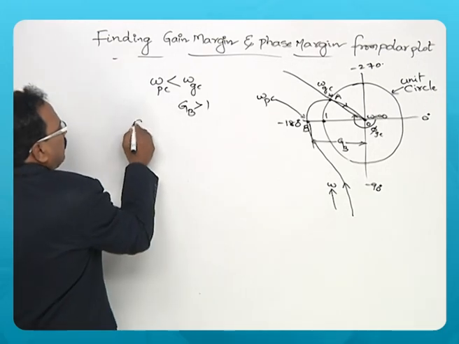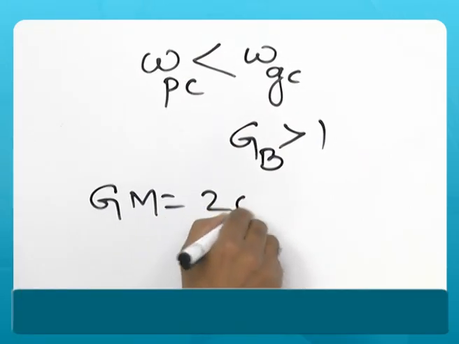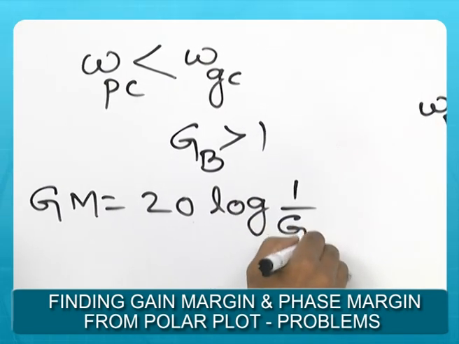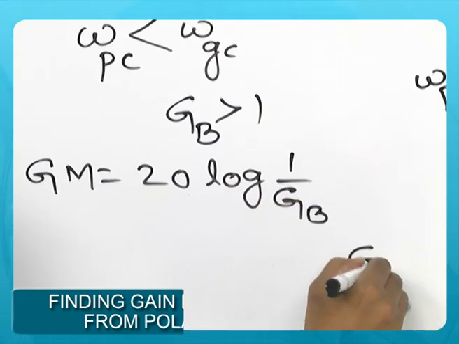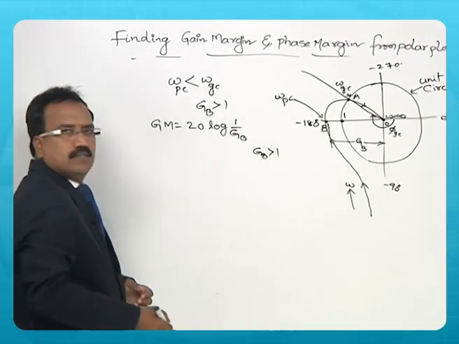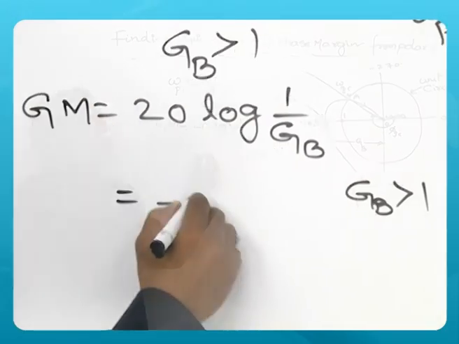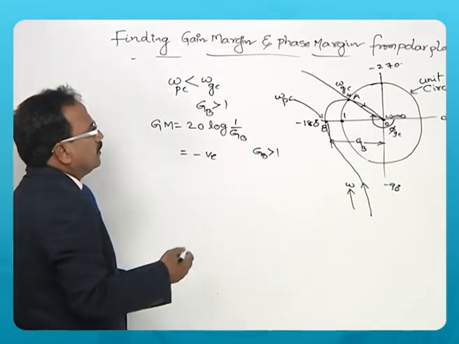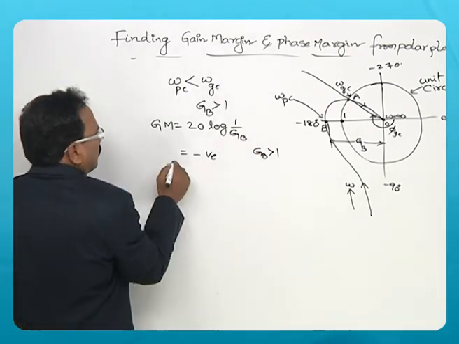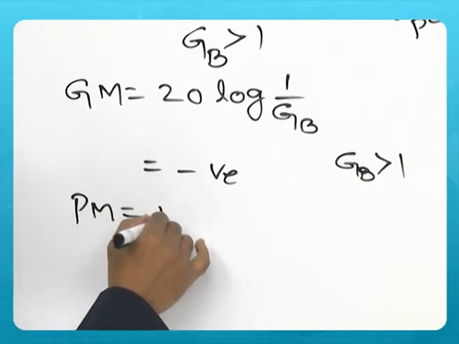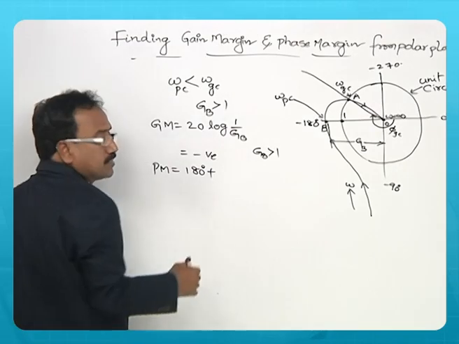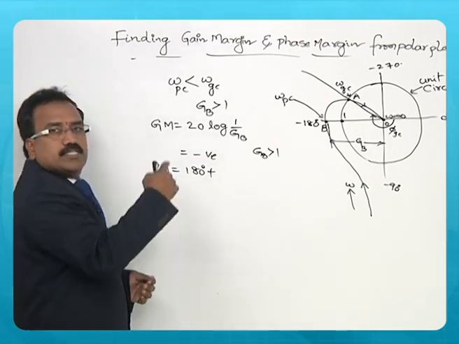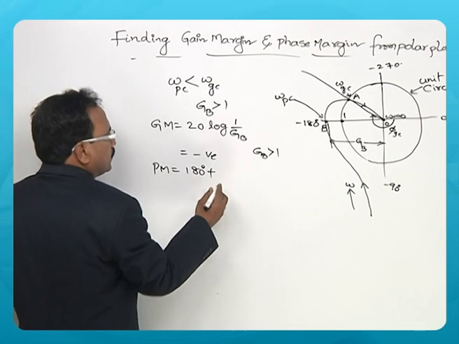So, the gain margin is 20 log 1 by GB, where GB is greater than 1. So, you will get the gain margin negative in decibels, and the phase margin is 180 degrees plus the phase angle of the system in clockwise direction with reference to 0 degrees.